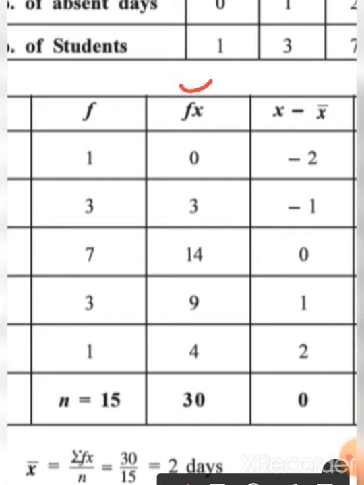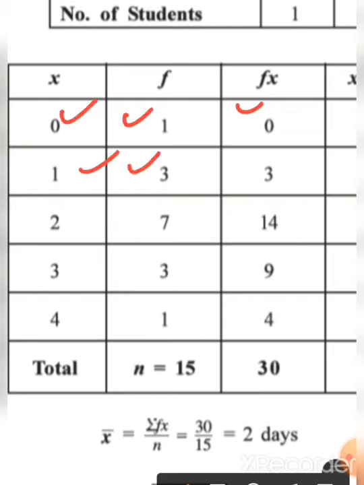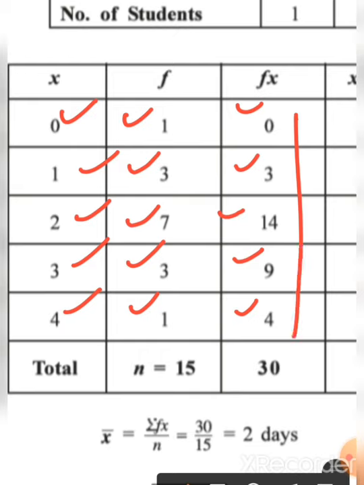The next column that we need to have is fi xi, so we need to multiply fi and xi. 0 multiplied by 1 will give you 0, 1 3 is 3, 2 7s are 14, 3 3s are 9, 4 1s are 4. As we do the total of it, it will give us 30. The mean is 30 divided by 15, which gives us 2 days. So the mean has come up to 2 days.